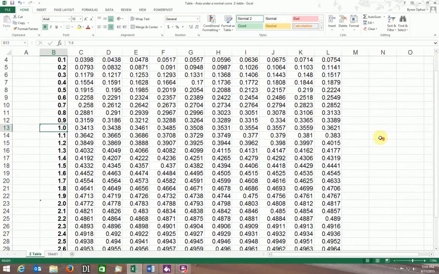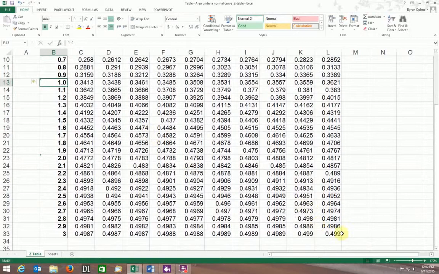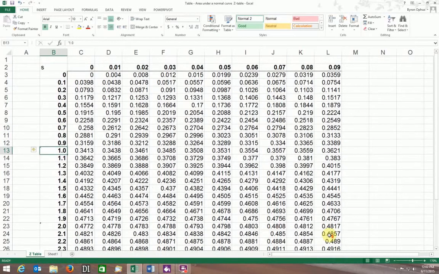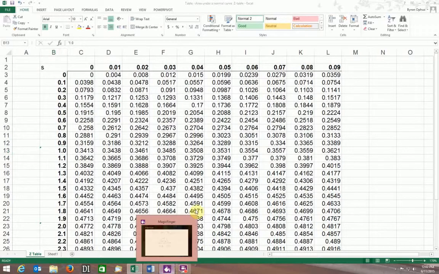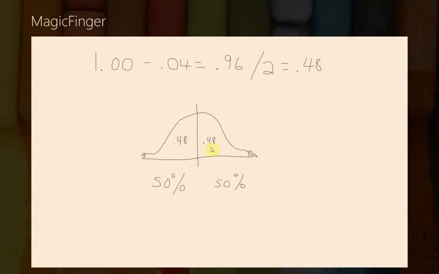So how do we find that? As you can see, this starts with 0, and it keeps getting bigger until it comes up to 0.5, 0.4999999, which is basically 0.5. We're looking for the 0.48 that we've got on both sides.